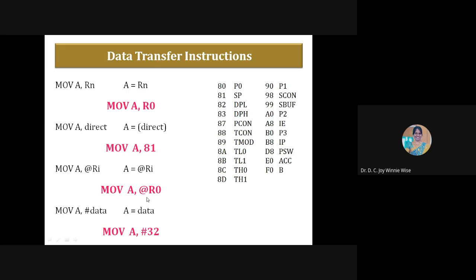Here this is indirect addressing: MOV A, @R0 means the content of R0's memory location will be transferred to the accumulator. And here the immediate data 32 is moved to the accumulator. So in these four instructions, the destination is the accumulator.